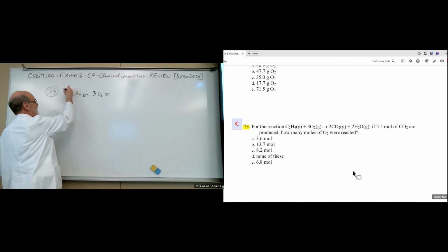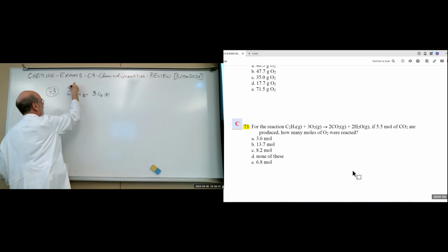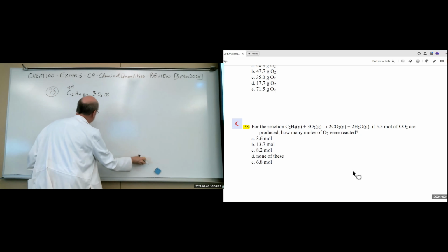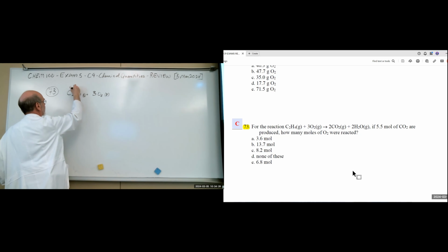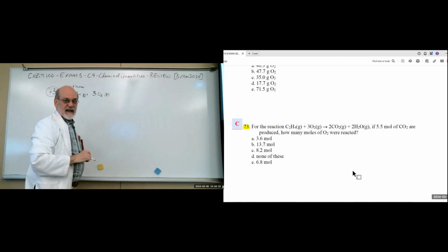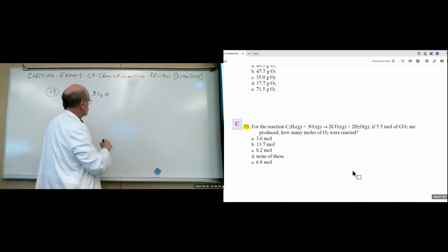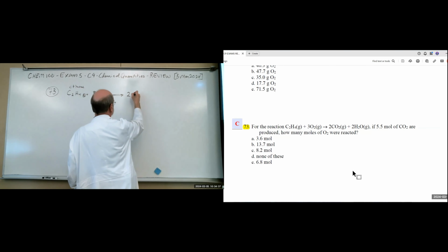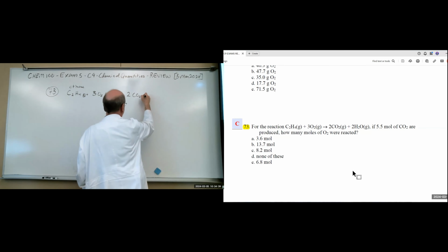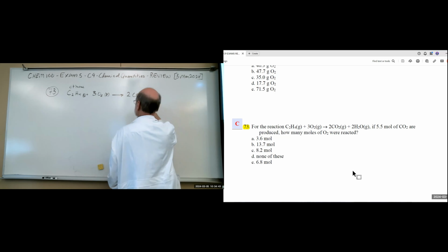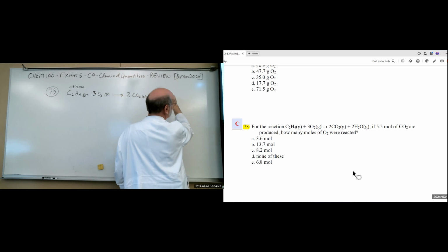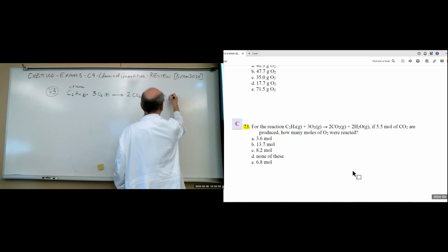This is ethene. And 2 CO2s as a product, and water. 2 waters. So 1, 3, 2, and 2. And they're making this one a gas also. Okay.